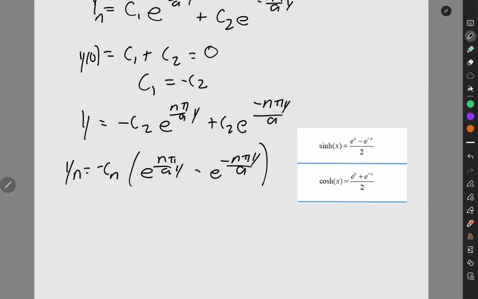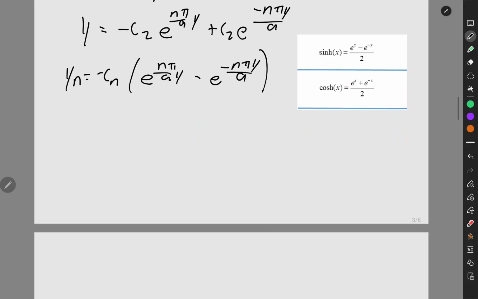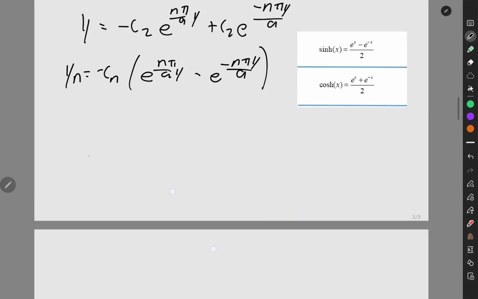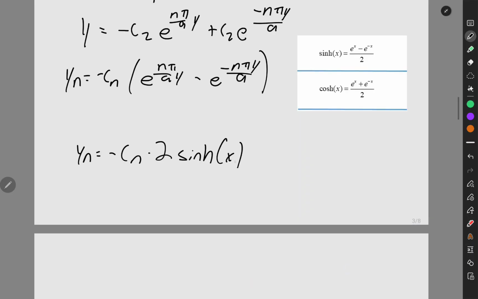Voila. Hyperbolic trig. So we can see, we're looking at this. This is equal to 2 sinh, well, not of x, of n pi over a times y.